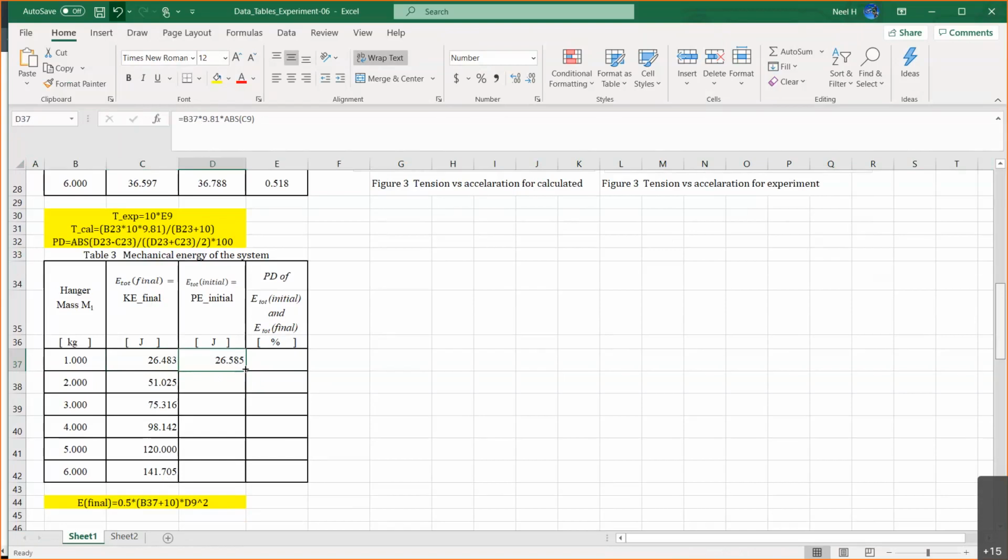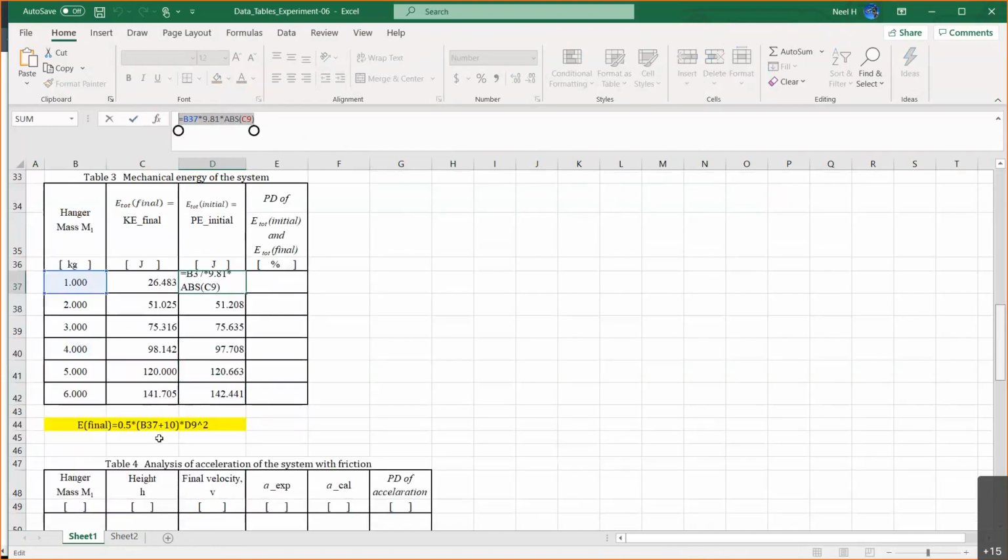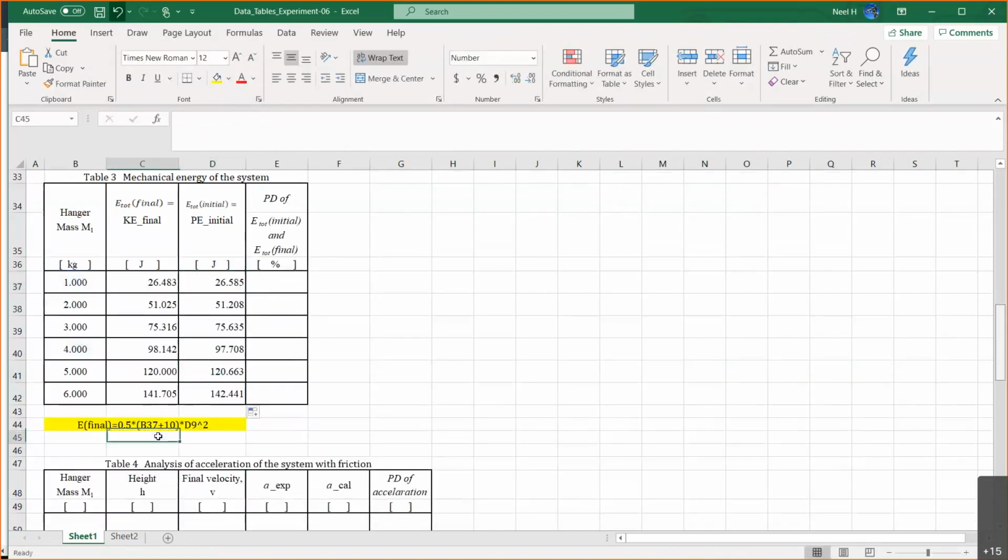Okay, just click and drag, then it will do the rest of the calculation. Highlight this, and that is going to be the E final. And then let's compare these two. That comparison will give you an idea of the energy loss, right?